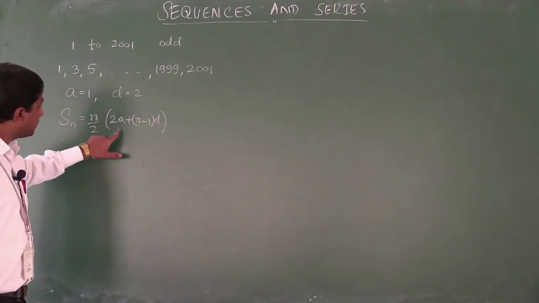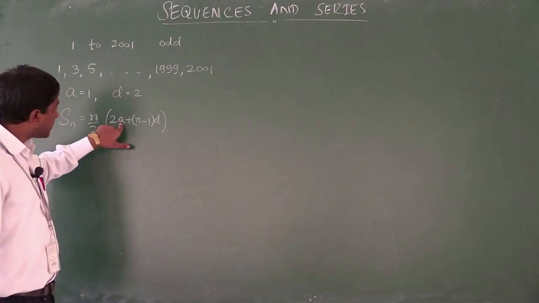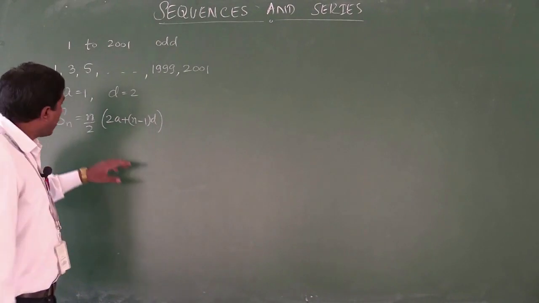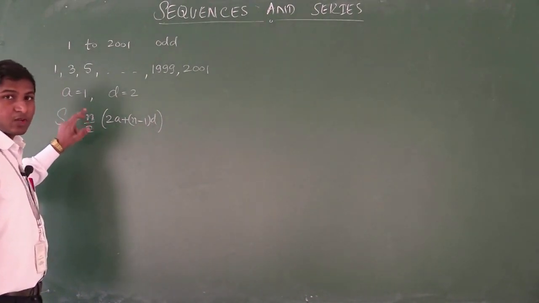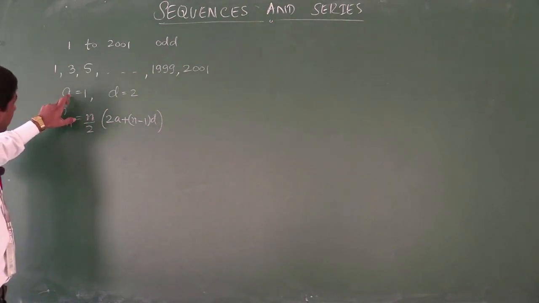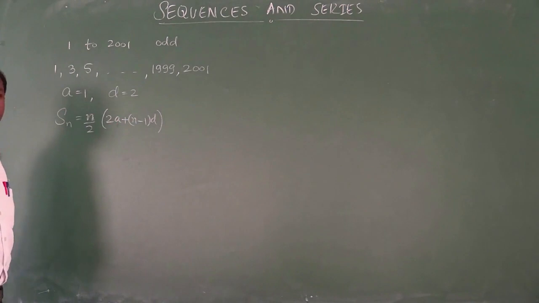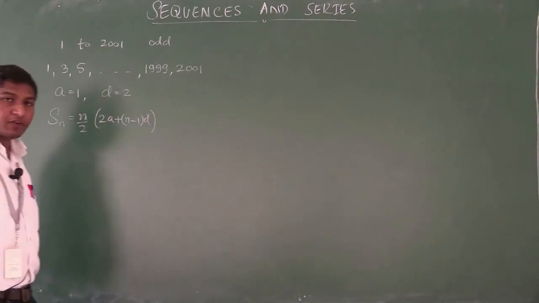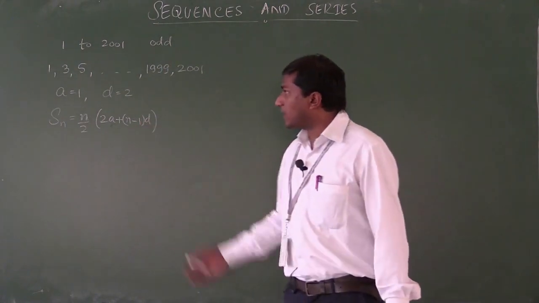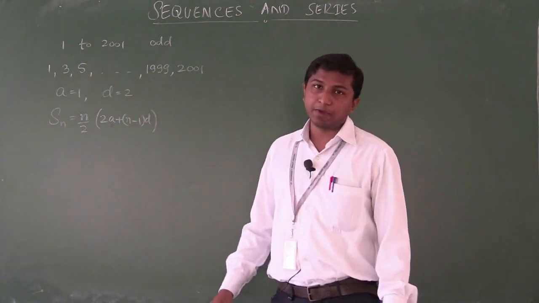Now look here, what are the terms required? We want the first term a, the common difference d, and also the value of small n, right? We know the value of a to be 1 and d to be 2. We first have to find the value of n, which is the number of terms in this AP.